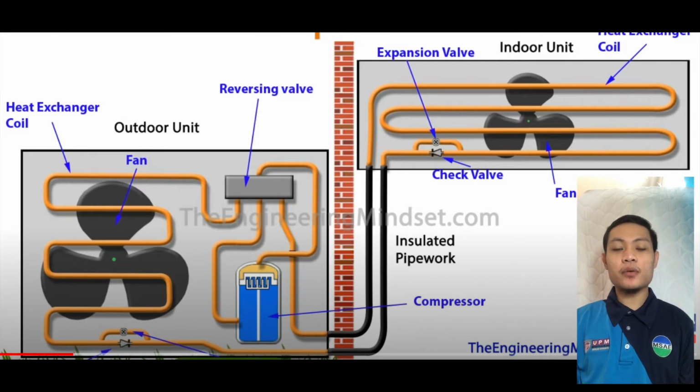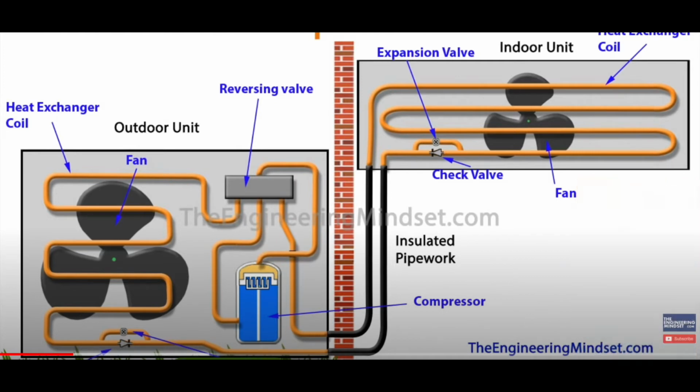It can be formulated as QH equals QC plus W, where QH represents the thermal energy transferred into the system, QC is the thermal energy taken from the outside of the system, and W is the work done by the system.